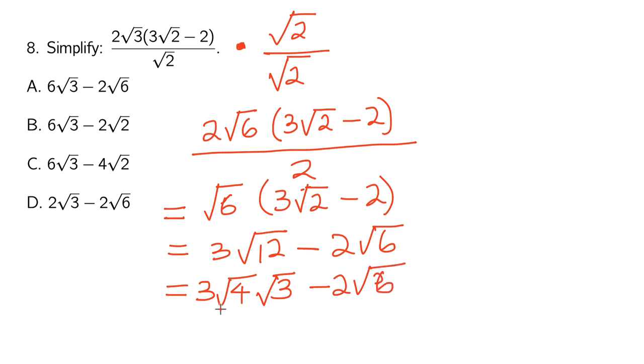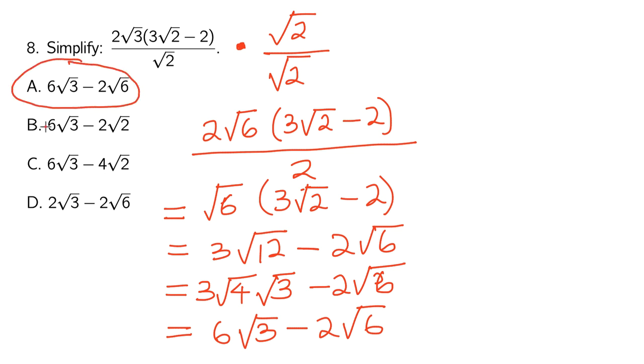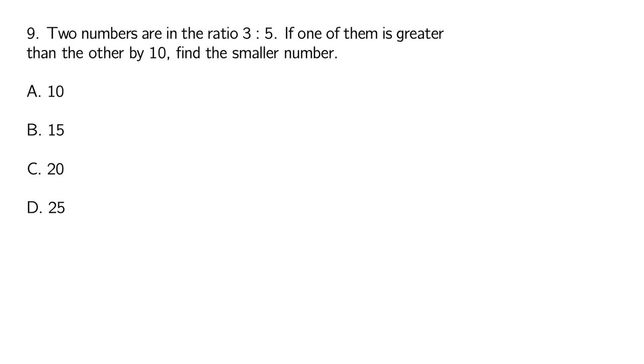Now square root of 4 is 2, so that 2 multiplies 3, we get 6. So we get 6 root 3 minus 2 root 6. Looking at the answer options, that appears to be A. So that's our answer.